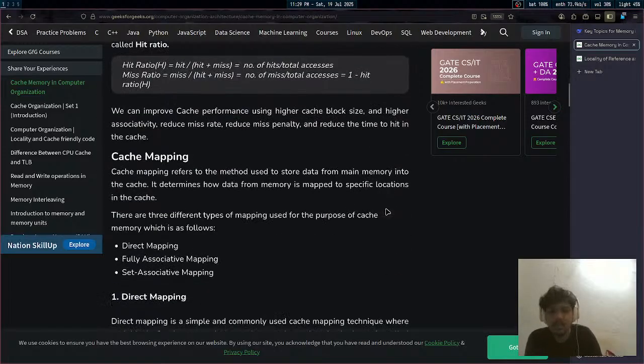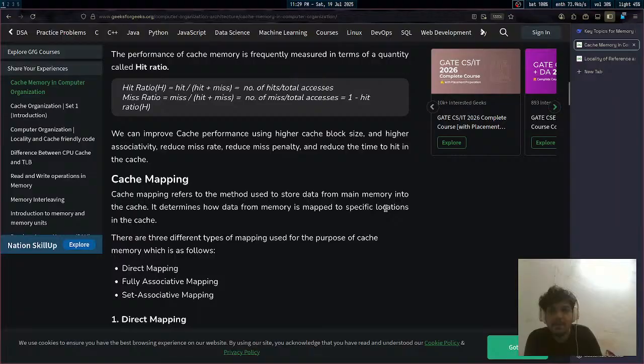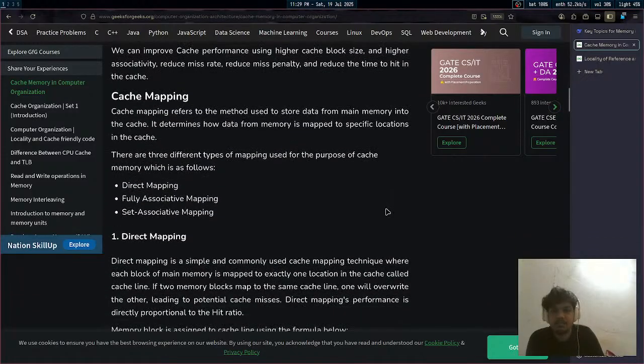So this much is clear. Performance of cache is, again, just ratios, I will not look into it. We can improve cache performance by using a higher cache block size or higher associativity, reducing miss rates and reducing miss penalty. Again, I think we will be covering all those topics right now.